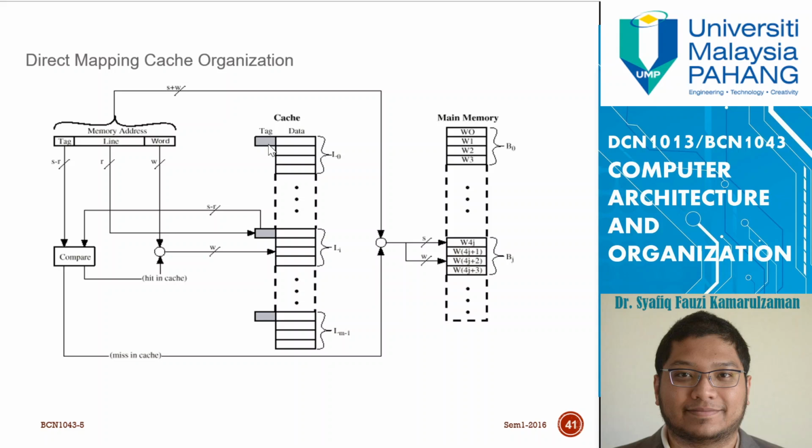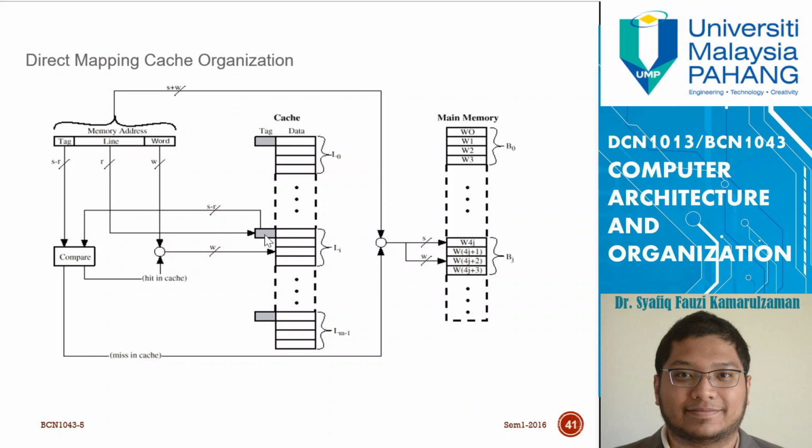So here, the memory address from the memory will refer back to the cache. For example, if the request is this memory address, the tag will be compared with the cache first.